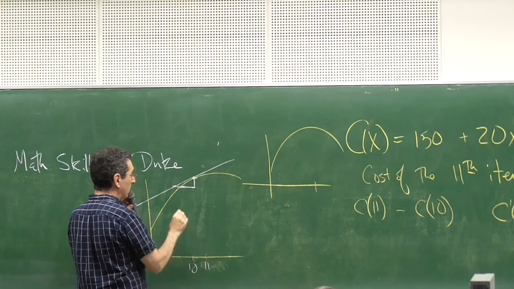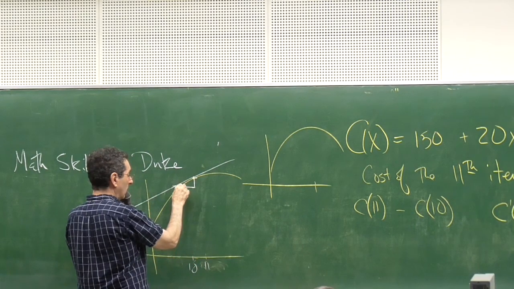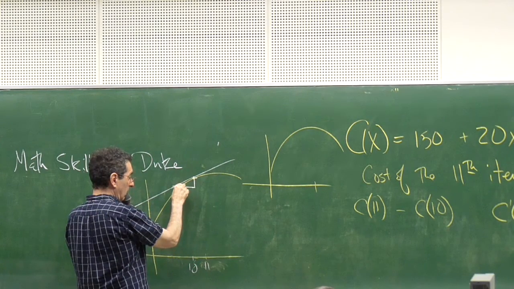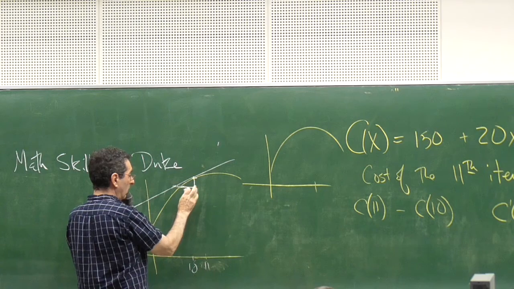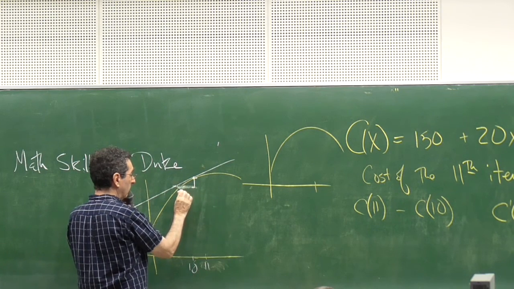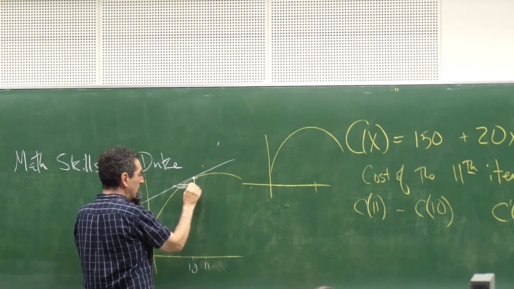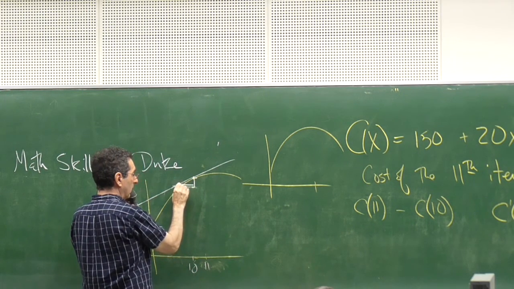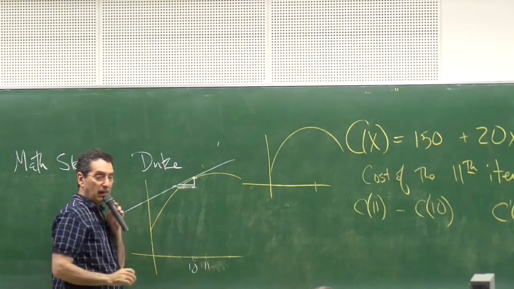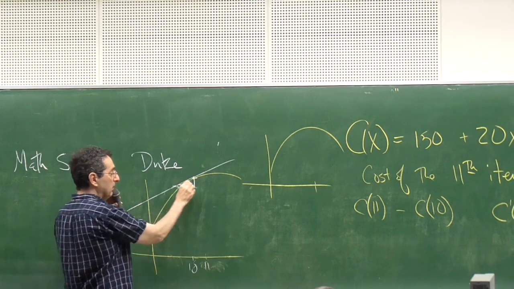Why is it not exactly? Go here, go 1 unit. Well, actually the slope of the tangent line is going to be here, so it's not going to be quite that long. Because what do I mean by the slope of the tangent line?